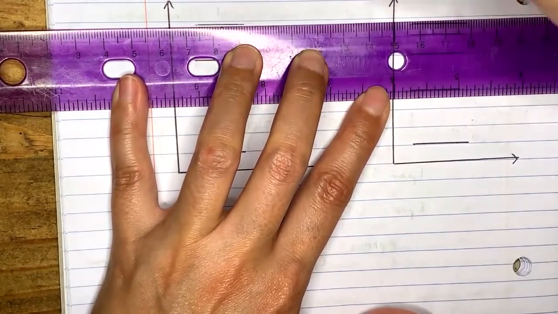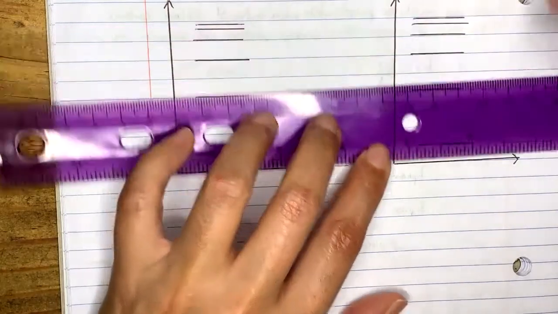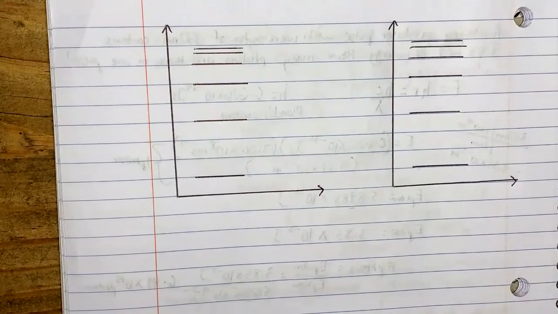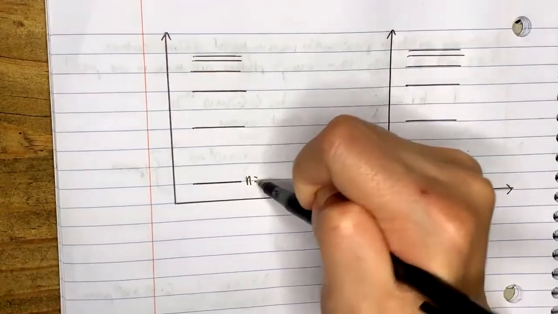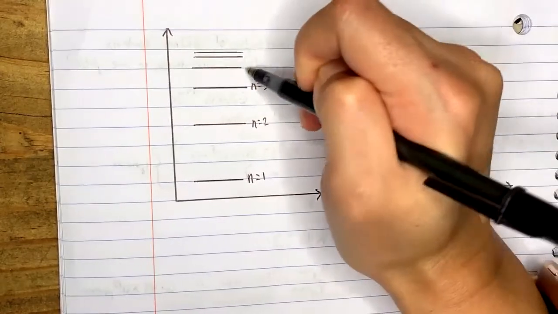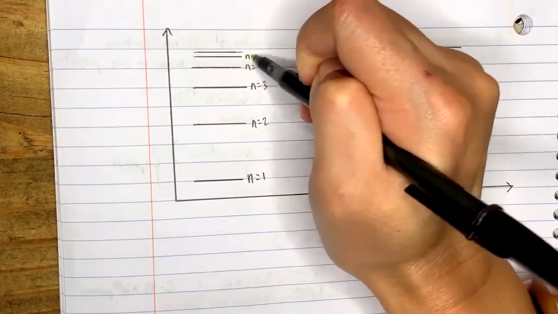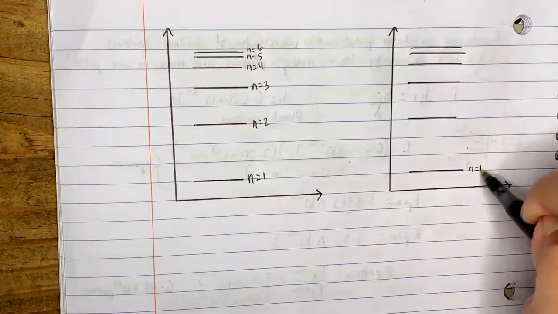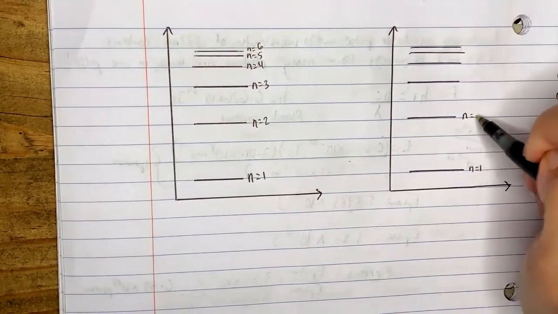You start to see the idea, it starts getting closer and closer, and the higher the level, it gets closer and closer together, okay? So I'm going to go ahead and label them. This is level 1, N is 1, N is 2, N is 3, N is 4, N is 5, N is 6. Label the same thing on the other side.